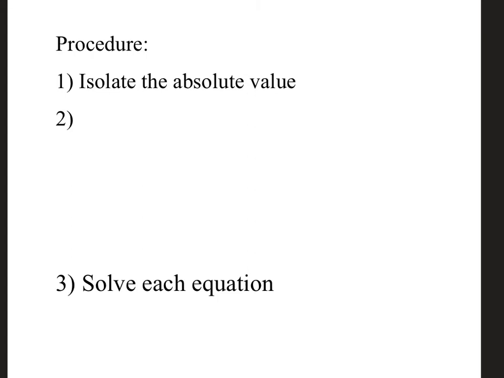All right, so the procedure, how we're going to solve these. The first step we always want to do is isolate the absolute value, meaning we have to get the absolute value equal to a number. We can't have anything else surrounding it. And then we're going to create two equations.